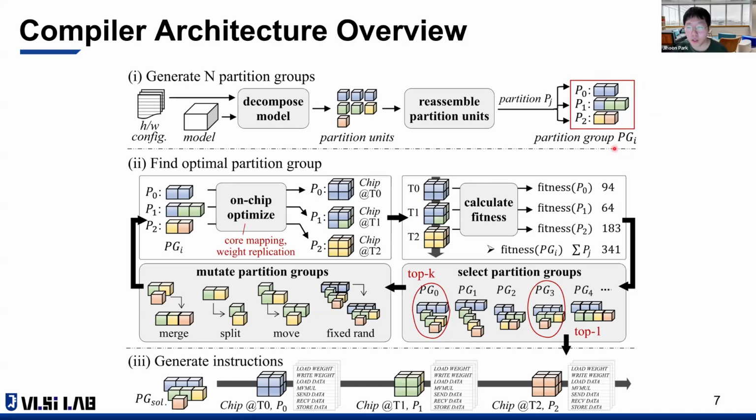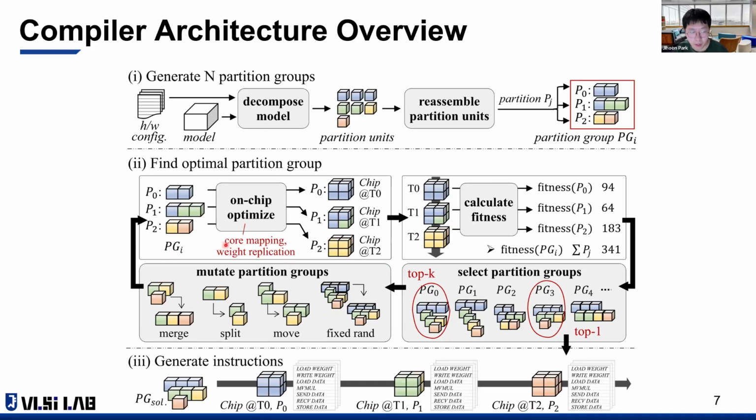We generate a number of partition groups randomly, and then we want to find the optimal partition group by modifying it through a genetic algorithm. The process goes like this. We take one partition group, and we have an on-chip optimizer that utilizes previous works to do the core mapping and weight replication.